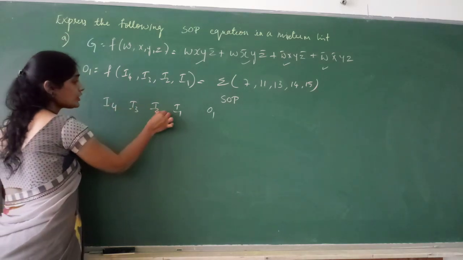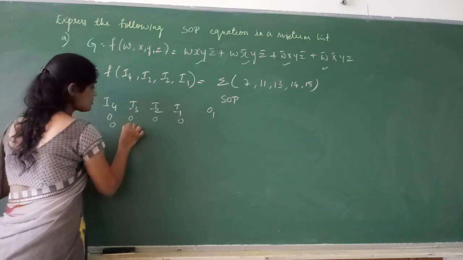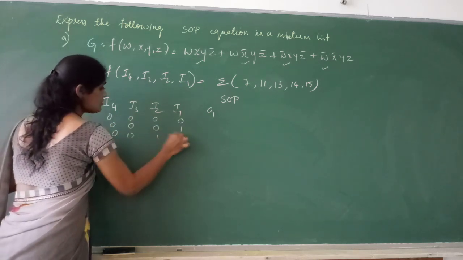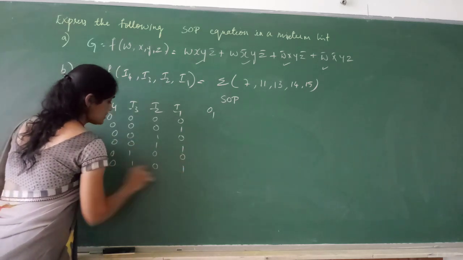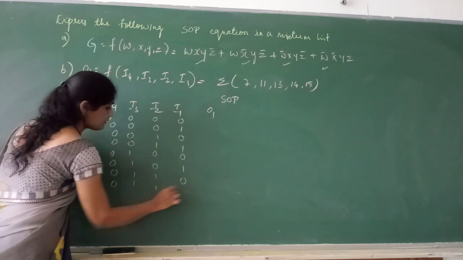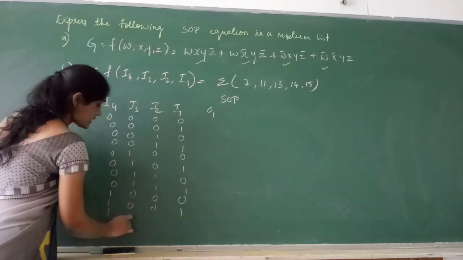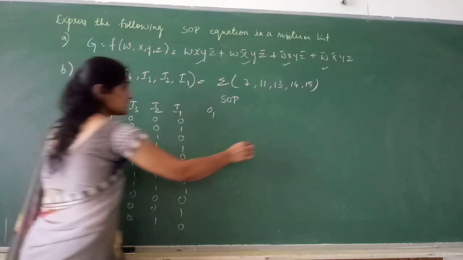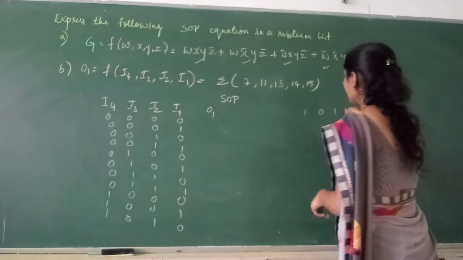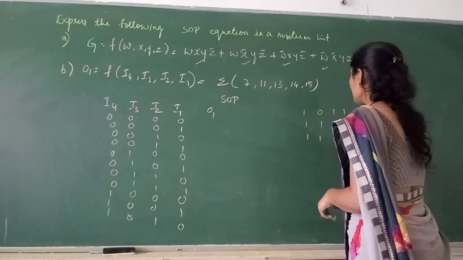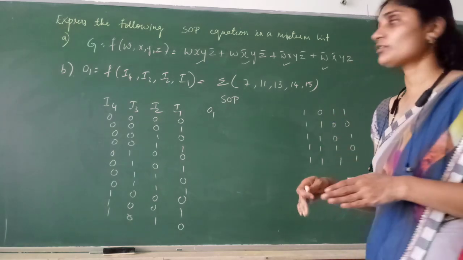So here I have got 4 input variables. How many different combinations do I get? 0000, 0001, 0010, 0011, 0100, 0101, 0110, 0111, 1000, 1001, 1010, 1011, 1100, 1101, 1110, 1111. So these are all the 16 combinations I have got.